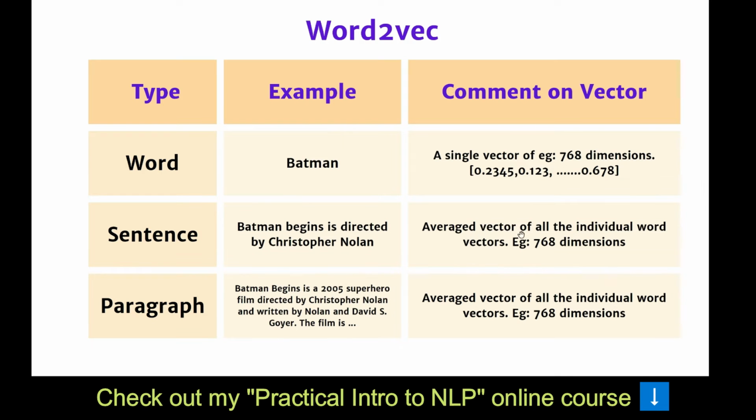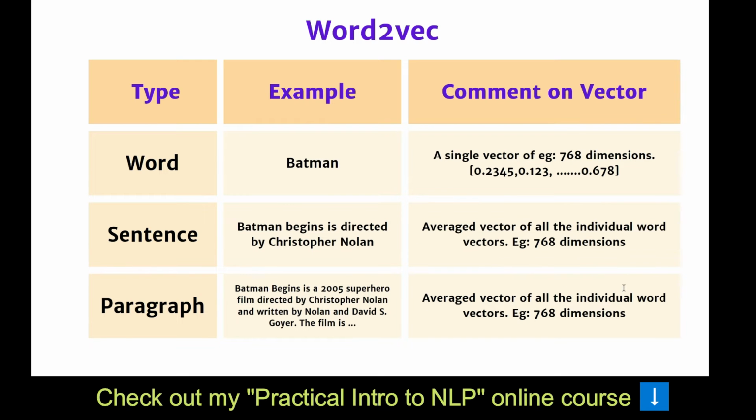Essentially, you just average the vectors of the individual words in this sentence and you get the final averaged vector of 768 dimensions. The same goes with a paragraph. For a paragraph, you take all the words, for example maybe 100 words, and for each word you get the word vector and average across all those 100 word vectors, and you get the final paragraph vector or document vector.